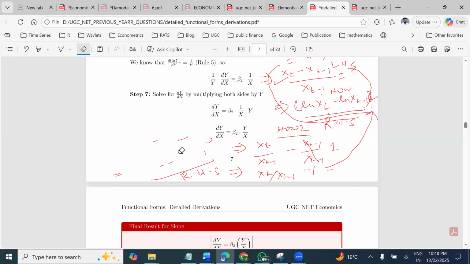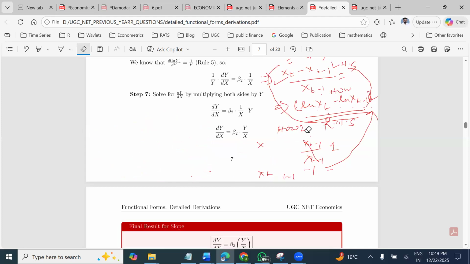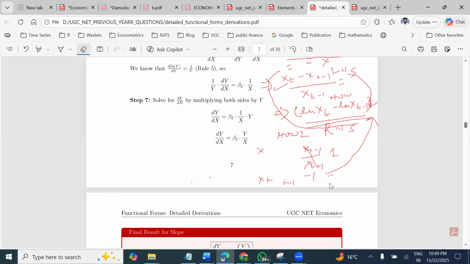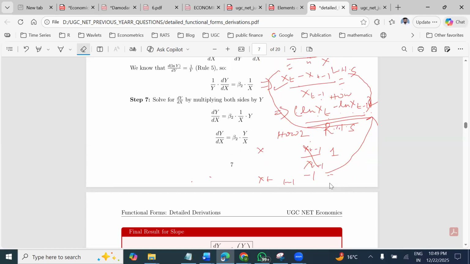So now, Madhusmita, you don't have any doubt, right? No, sir. So now, what do you know about relative change? The relative change formula is equal to ln xt minus ln xt minus 1.